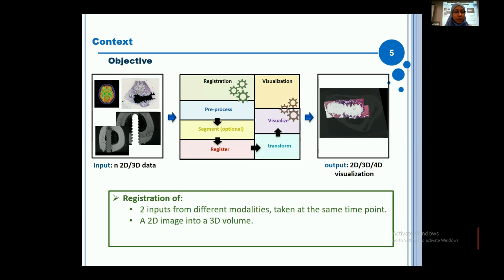In my work, I'm interested in registration of two inputs from different modalities taken at the same time point, either 3D to 3D data or 2D section to 3D volume.